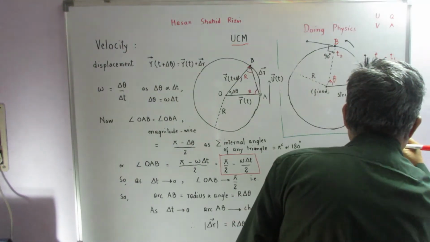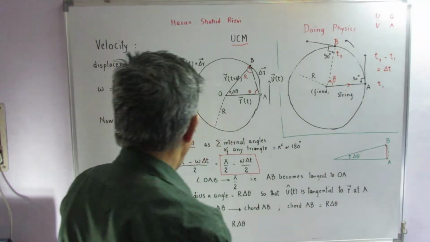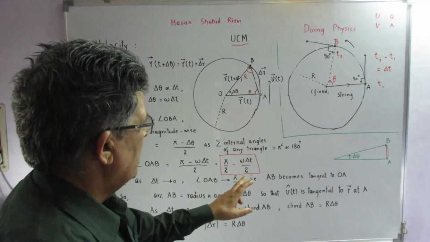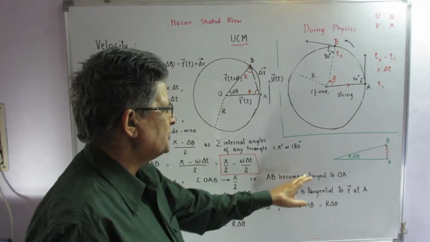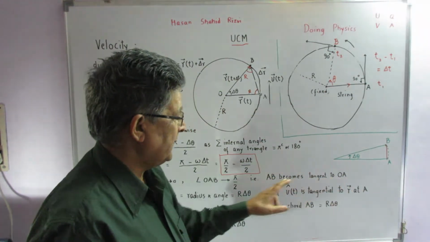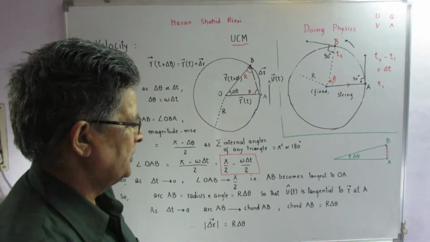So here the arc AB becomes tangential to OA. That is, the angle between the two becomes equal to 90 degrees.